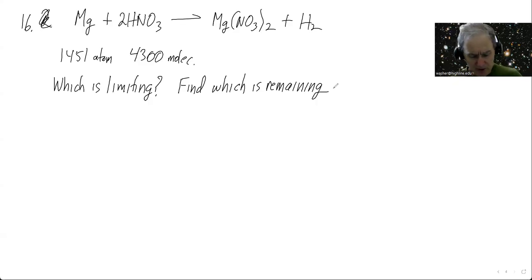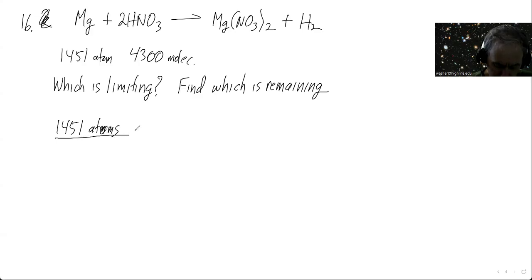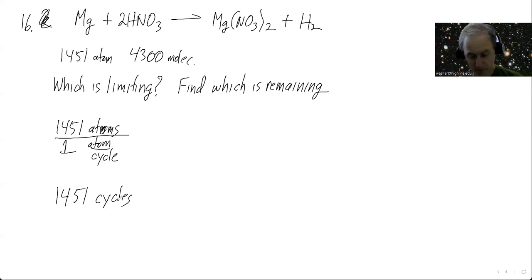So we're going to do the same trick we did before. We're going to take 1,451 atoms of magnesium divided by 1 atom per cycle, which is sort of trivial. So with 1,451 atoms, we can run the reaction 1,451 cycles, assuming we had enough HNO3.